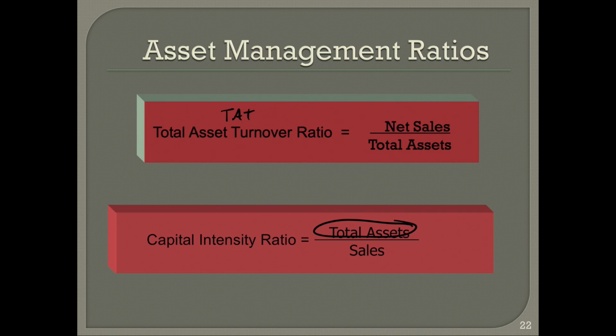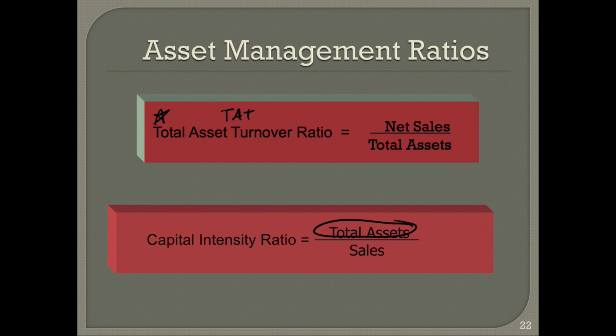One thing to keep in mind when you're looking at the total asset turnover ratio in particular, back up here to this first one, is that remember that sales is from your income statement and assets are from your balance sheet. Assets are depreciated each year. So if you have a high total asset turnover, it might not be that good if the assets are old and fully depreciated on the books, meaning that you're going to have to make an additional investment in fixed assets at some point.